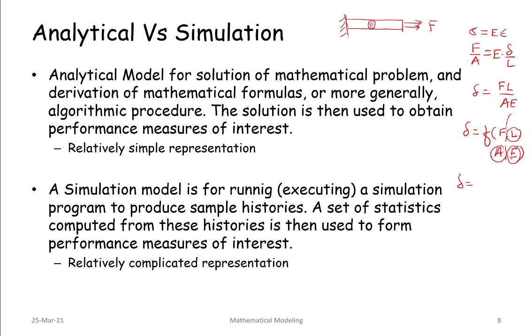But in simulation, what happens? So if I have a plot with respect to x, or I can say time, and I have a temperature or something. This is the typical behavior of it, a temperature variation of any kind. What I can do is divide it into small chunks, and I am going to assume from this point onward to this point, it is a straight line.